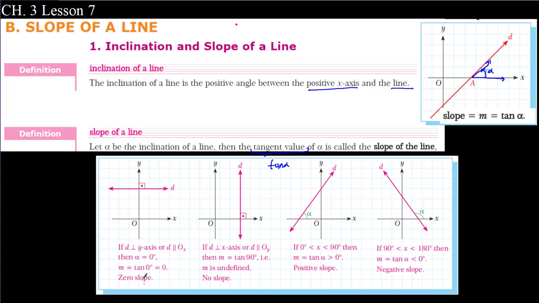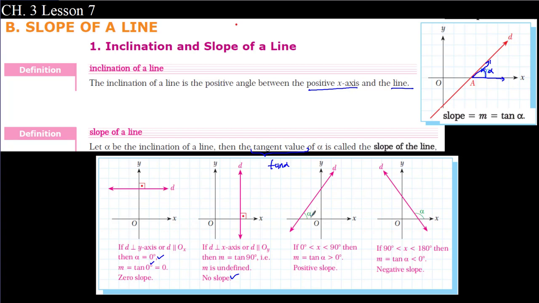Here there are some cases. Zero slope case means that the line is parallel to the x-axis. When it is parallel to the x-axis, the angle alpha is 0, so tangent 0 is equal to 0, and the slope is 0. When the angle is 90, the slope is undefined, so we call it no slope.